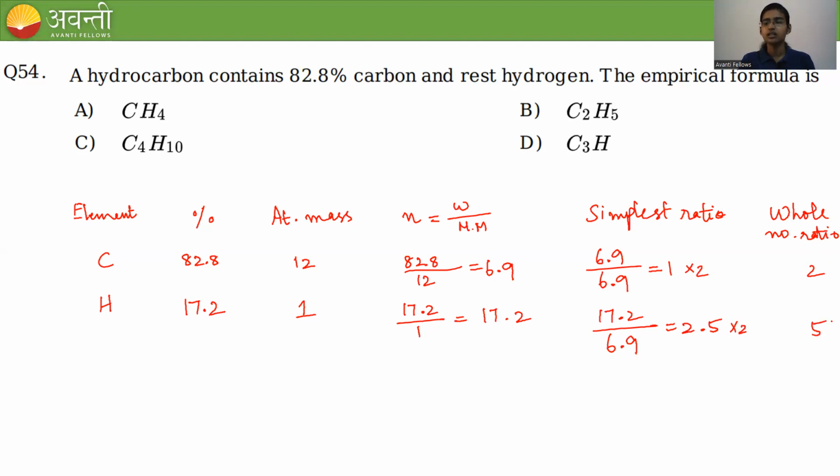So we got whole numbers. So how many carbons do we have? We have 2 carbon and 5 hydrogen. So this is the empirical formula for the given question. It is given in option B. Option B is the right answer for this question. Hope this is clear to you. Next we'll move on to the next question.